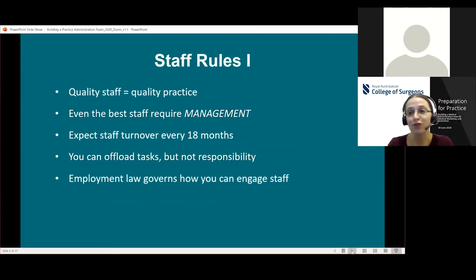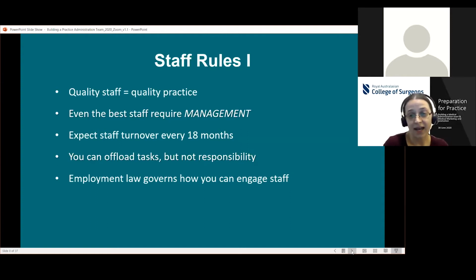That traditional method of people staying for 10 years and 20 years and retiring with the doctor is not necessarily the reality that we live in anymore. And 18 months is a reasonable time to keep a staff member at this point in time. So you want to hire good people, but don't expect them to stay with you until everything is over.